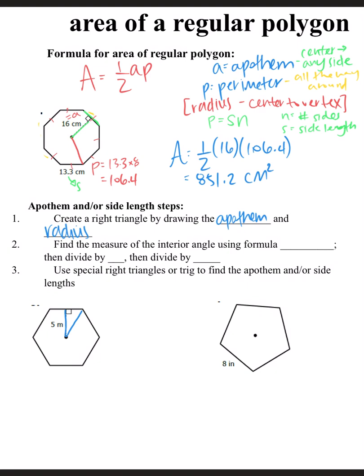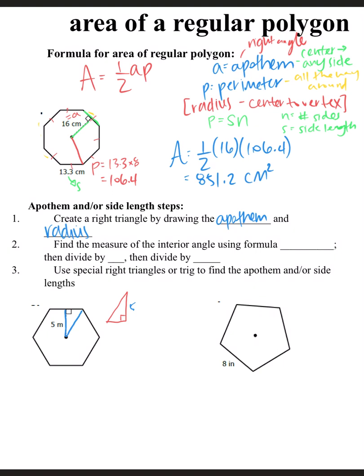Side note, the apothem always creates a right angle. So now we have a right triangle. I'm going to pull this triangle out, turn it right side up, and label this 5.